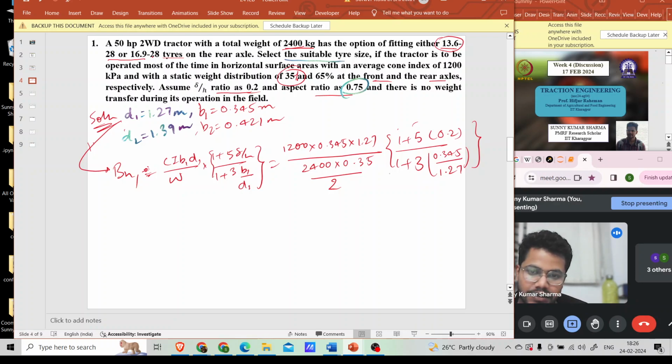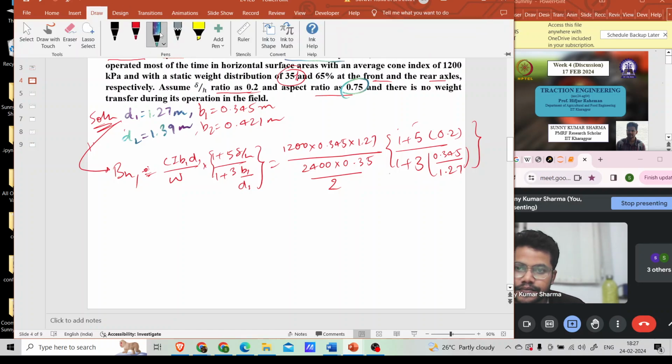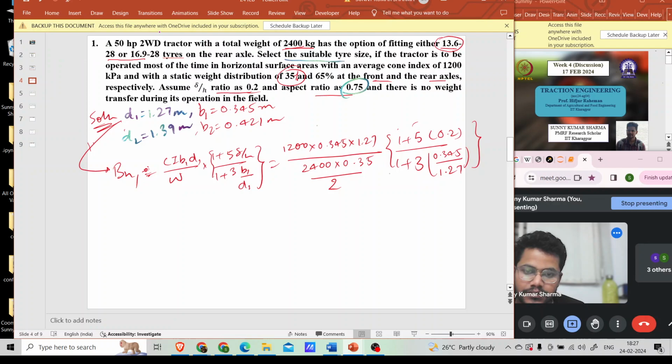Sivaraman, is it a complete equation, a complete expression? Is anything missing here in this expression? Yes, sir. This CI is given in kilopascal. This weight is in kg.